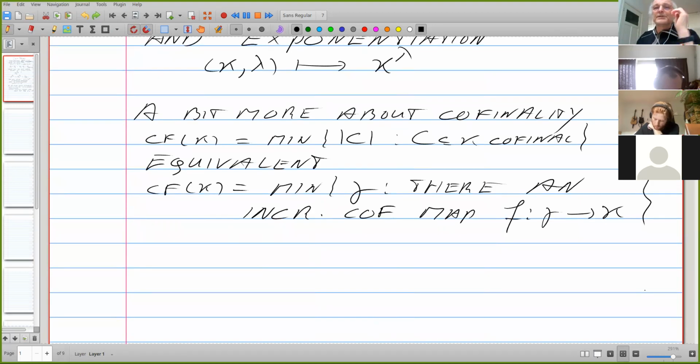What we will use, and this is something that will occupy you during the group interaction this week, there's another one. Minimum cardinal, because what I'm going to write down only depends on the cardinality.